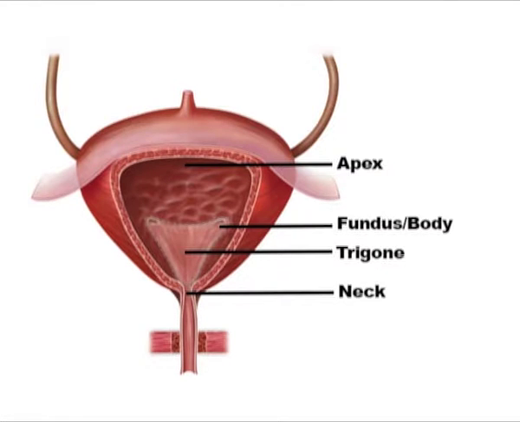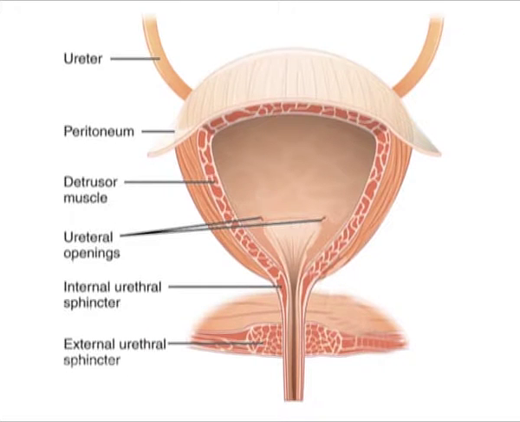The neck region possesses two ring-like muscular sphincters called involuntary internal sphincter and voluntary external sphincter, which stop urine from leaking. The ureters and urinary bladder are held in place by ligaments attached to other organs and the pelvic bones.